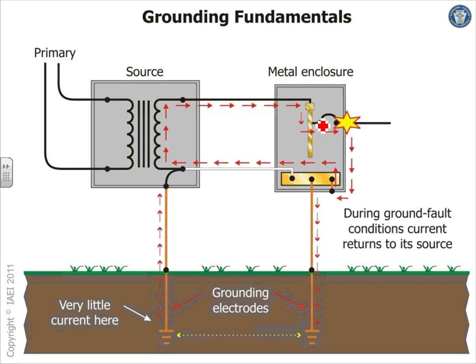If you have a ground fault in the service, this is supposed to be the service, you can see that the big chunk of the load is going to go through the neutral. A very tiny amount of current will go to Mother Earth.